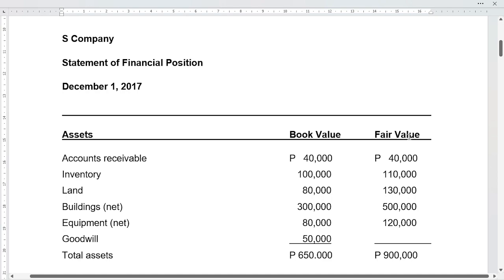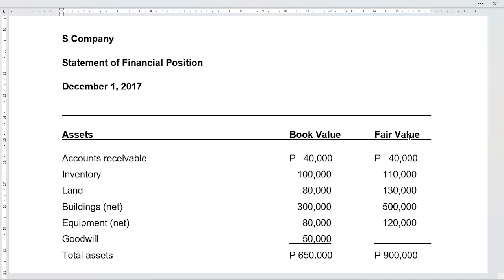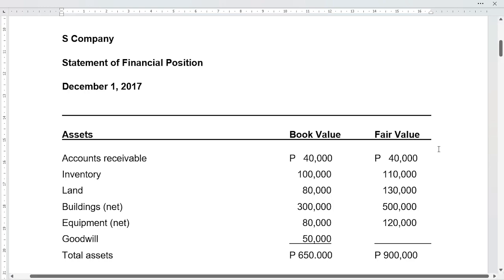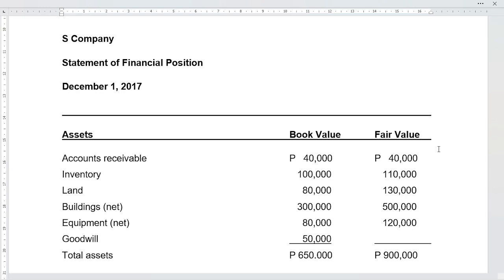For the assets, accounts receivable have a 40,000 pesos book value and a 40,000 pesos fair value. For inventory, it has 100,000 book value and 110,000 fair value. For land, it has an 80,000 book value and 130,000 fair value.